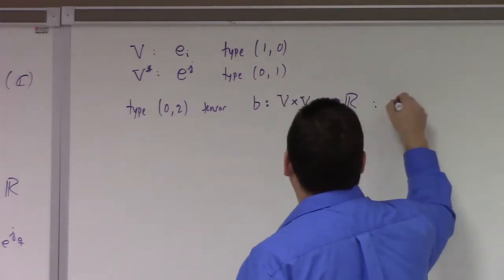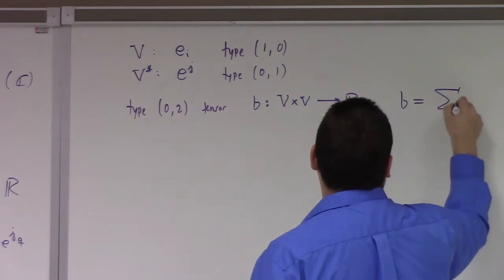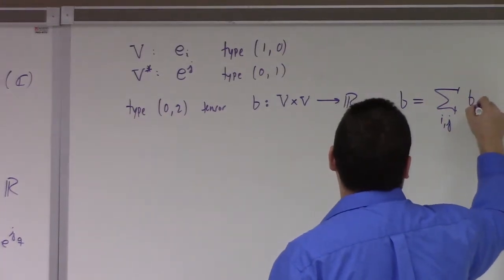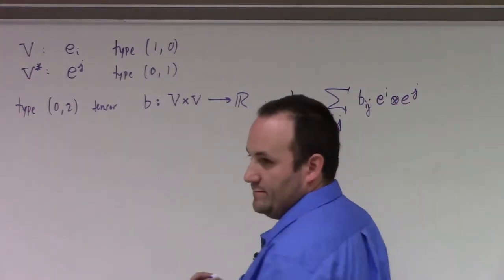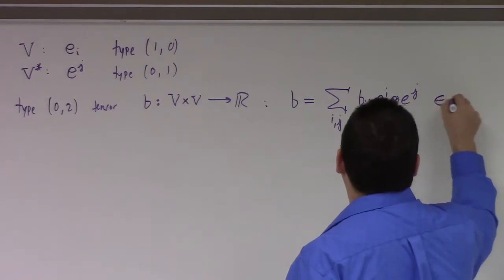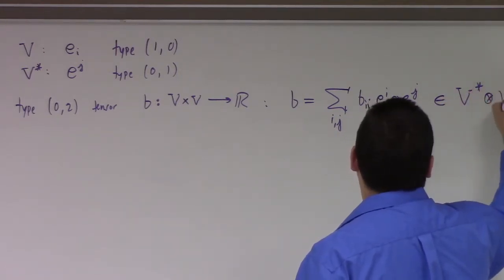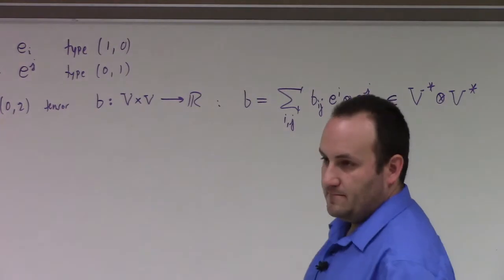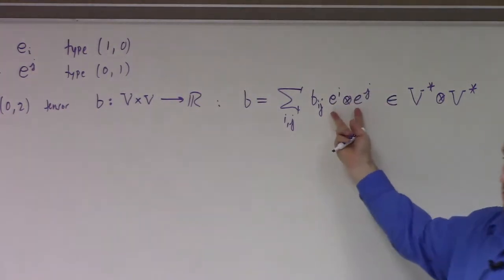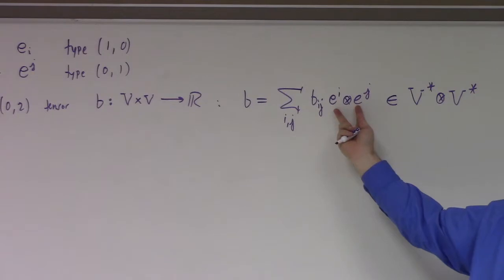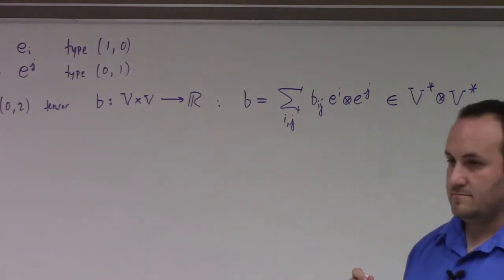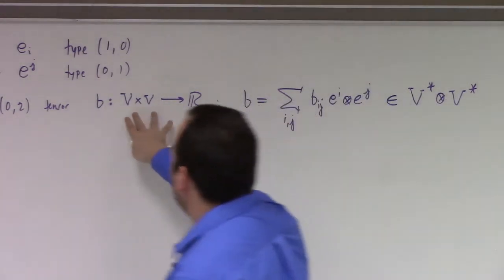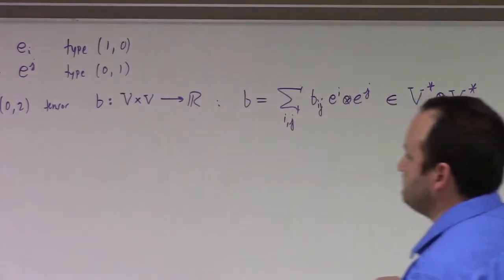And we proved last time that you can write B as a sum over i and j of B_ij, E upper i tensor E upper j, right? And so it makes sense to say that this is an element of V dual tensor V dual as well, because it's built from tensor products of dual basis elements. See that? But it's a map on V cross V to R.